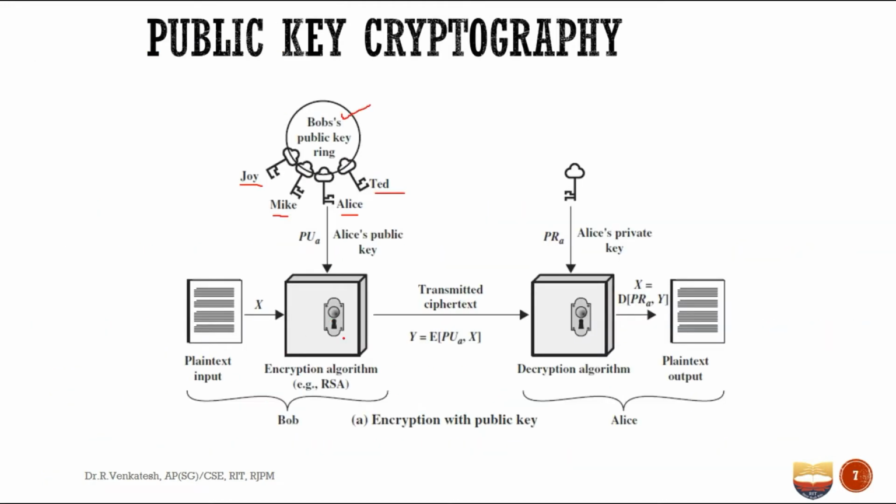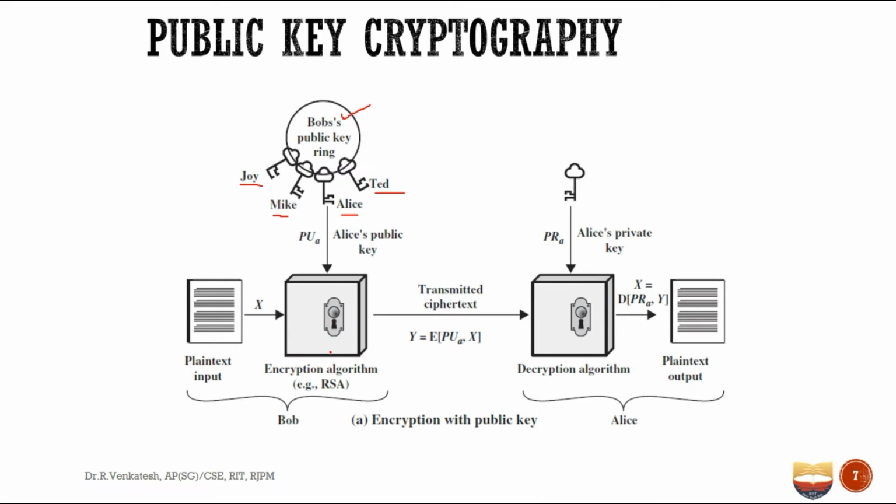In this diagram, the sender Bob will encrypt the plaintext data by using Alice's public key. One more time, the sender Bob will transfer the data to Alice by encrypting the plaintext using Alice's public key.